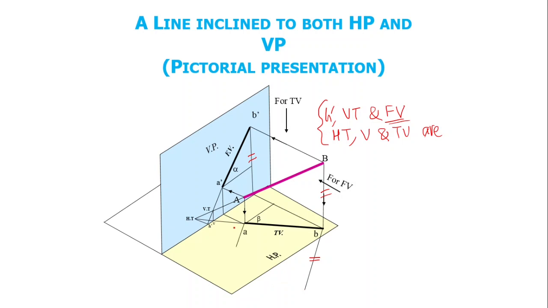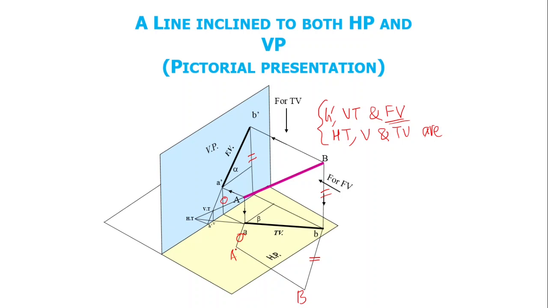This distance is the distance of A dash from the XY line, and it is represented in HP. Then we join the end points. This point becomes capital A and this point becomes capital B. This is the true length of the line.